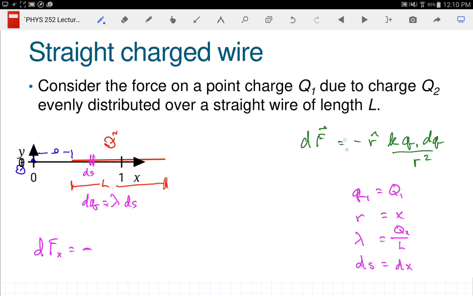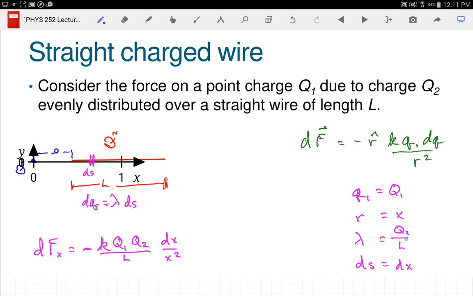So I didn't even pay attention to the fact that this had minus r hat. I just used my noggin to say what direction is that force going to be if likes repel. So I have minus k Q1 Q2 over L, and then I'm going to have dx over x squared.